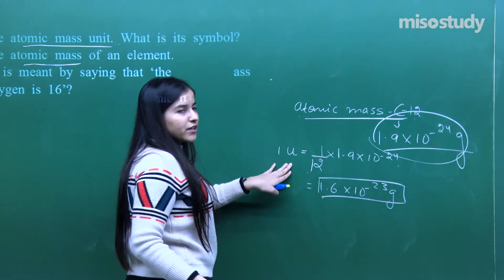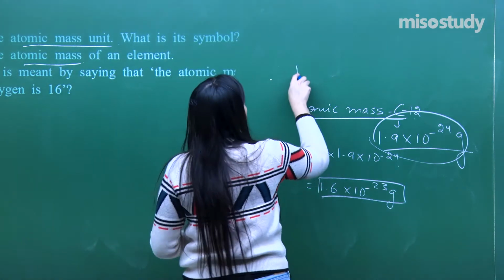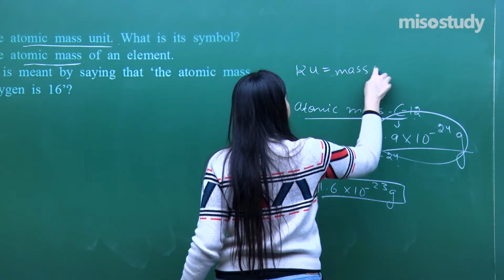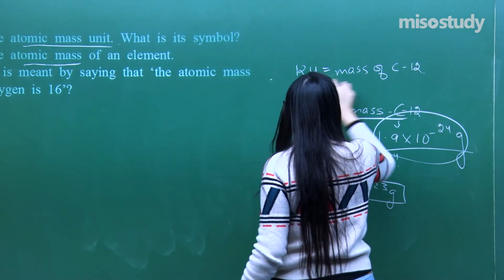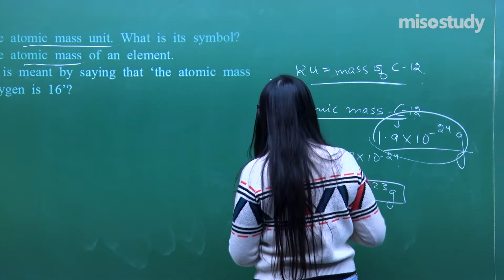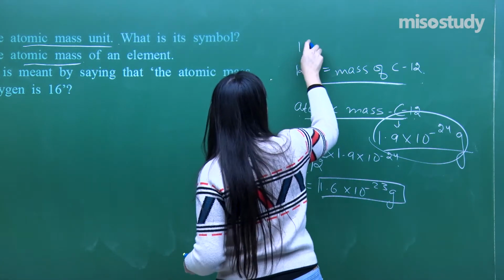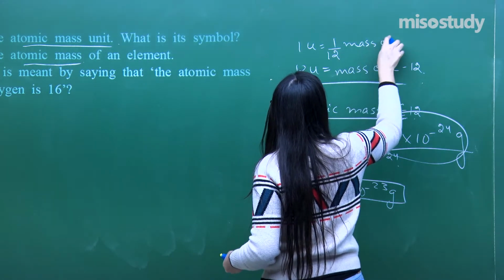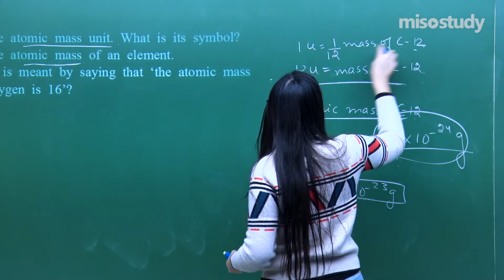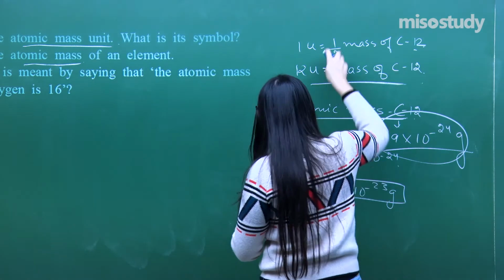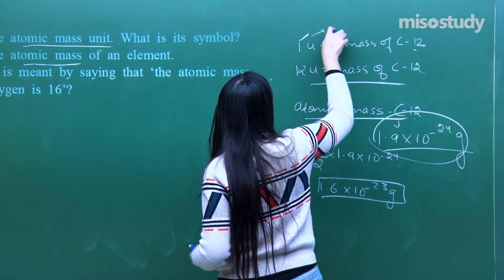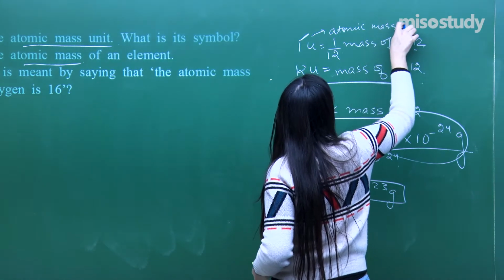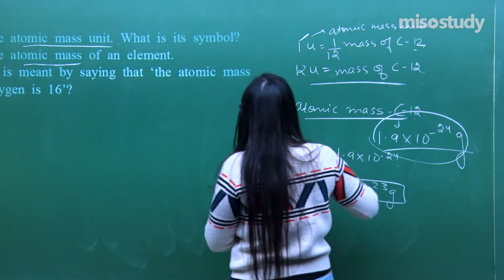So we call this as 1 unit. That means 12 units will be corresponding to the mass of carbon 12. If I talk about 1 unit, it will be 1/12 of the mass of carbon 12 through this particular data. Fine. So this unit is actually equal to the atomic mass unit, also known as AMU.